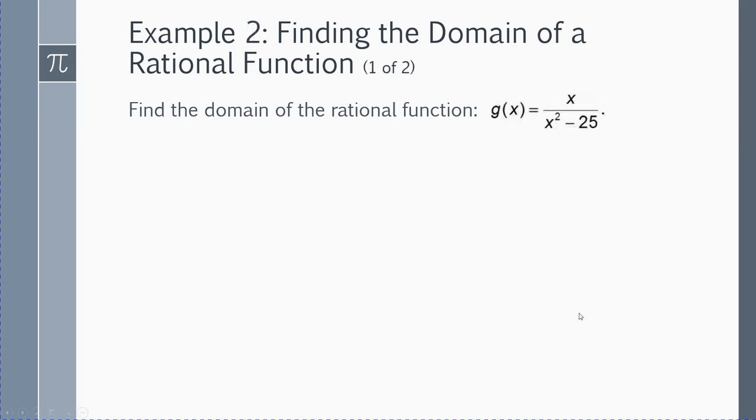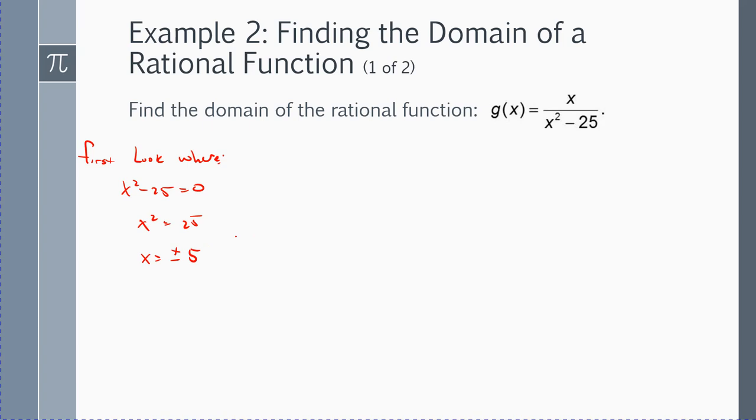So let's try this one. Let's find the domain of this rational function: g of x is equal to x divided by x squared minus 25. At first, you look where x squared minus 25 would be equal to 0. You can add the 25 over and take the square root of both sides, and you get x is equal to plus or minus 5.